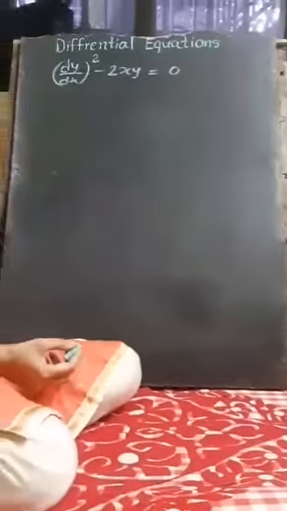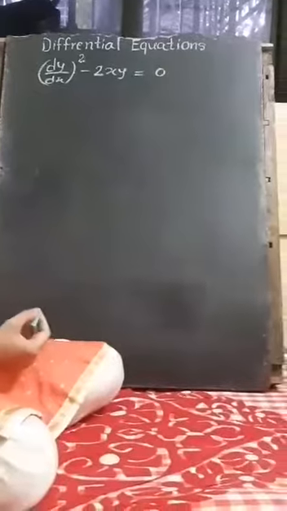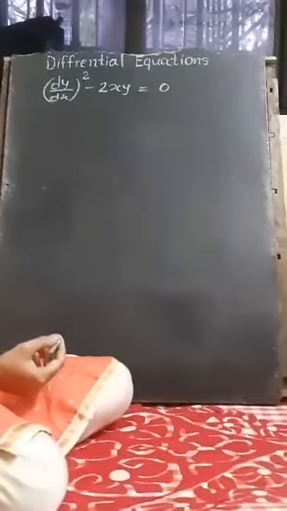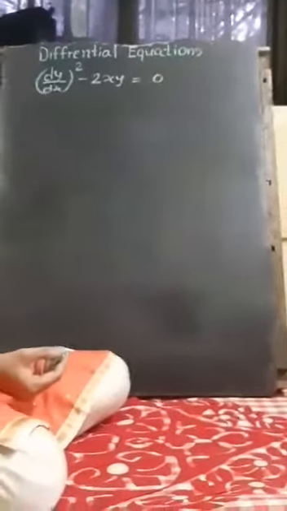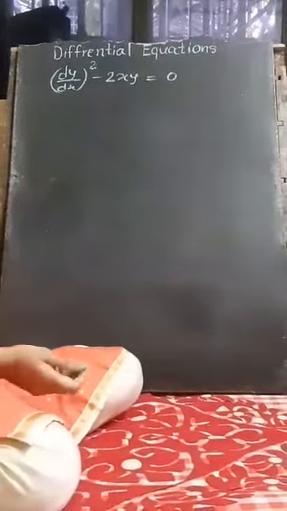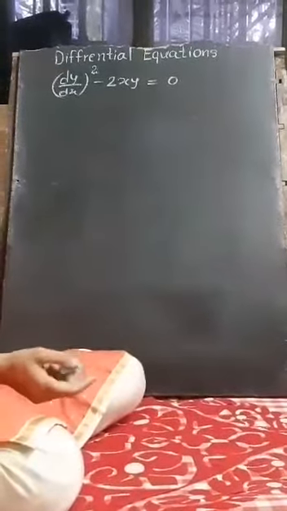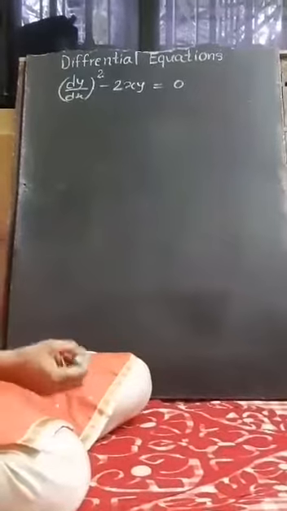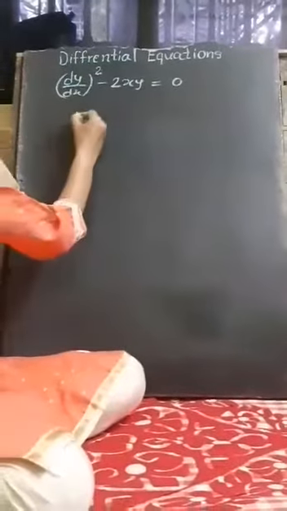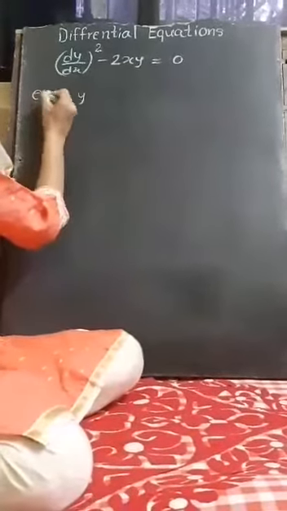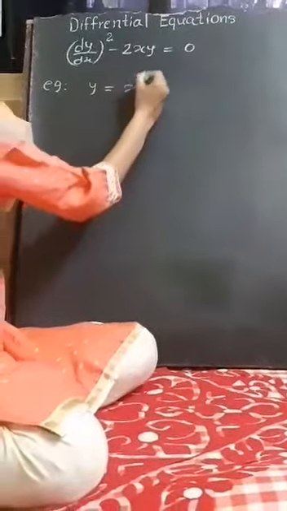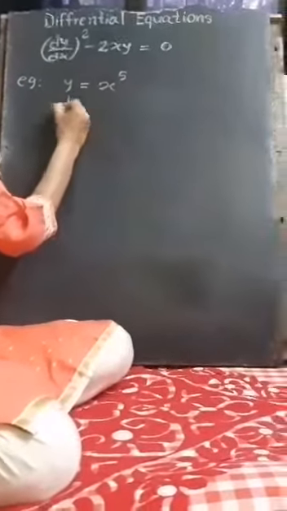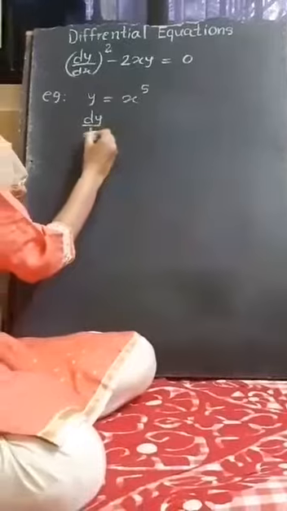Now I will explain how to find the order and degree of a differential equation. For that, as we need a little knowledge of derivatives, I will revise derivatives first. For example, if y = x^5, then what is dy/dx?